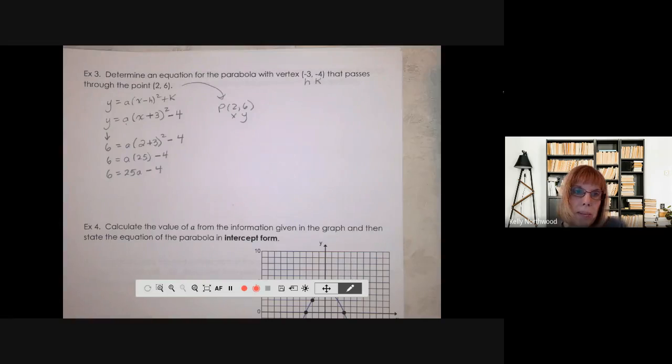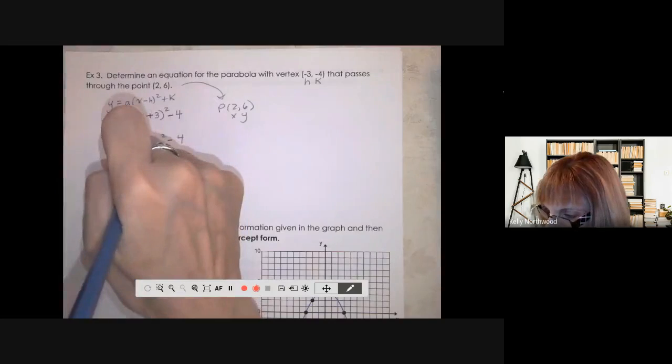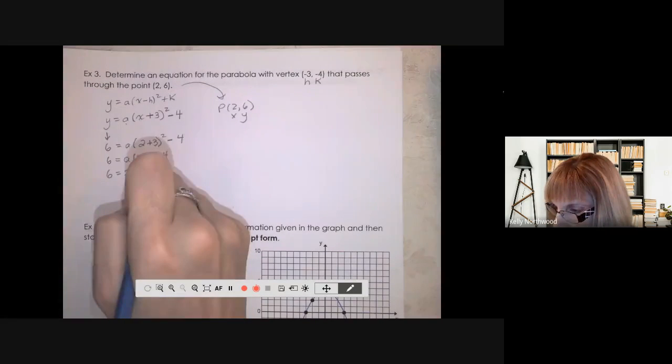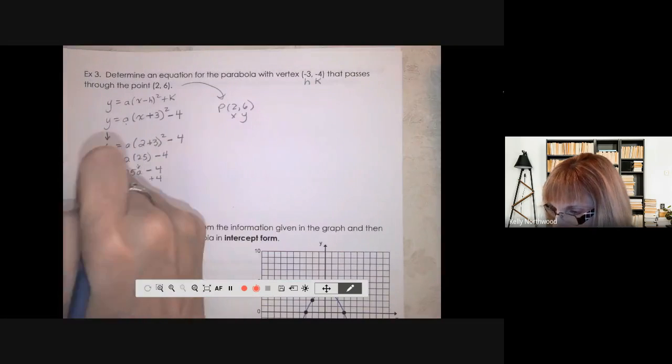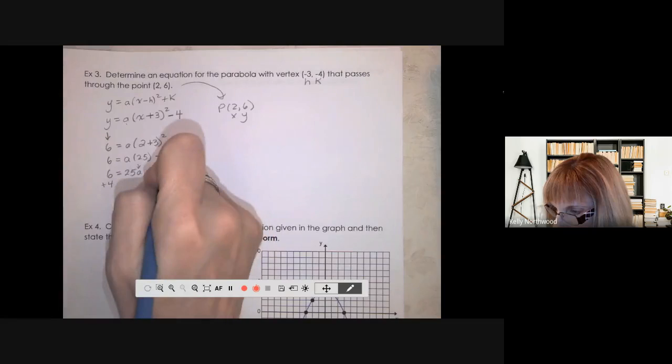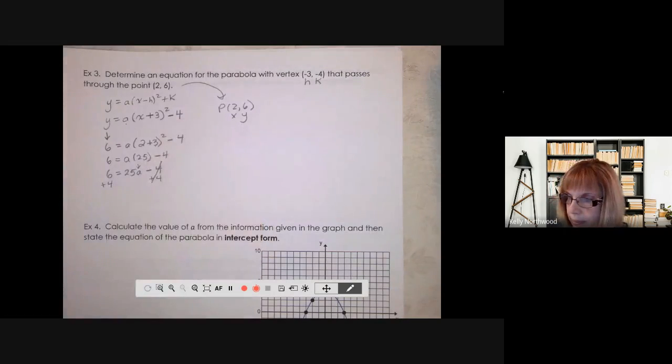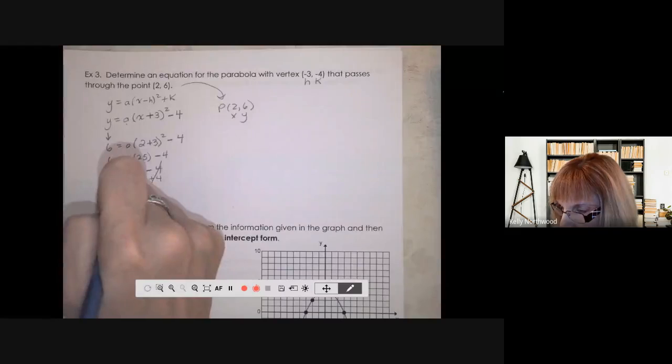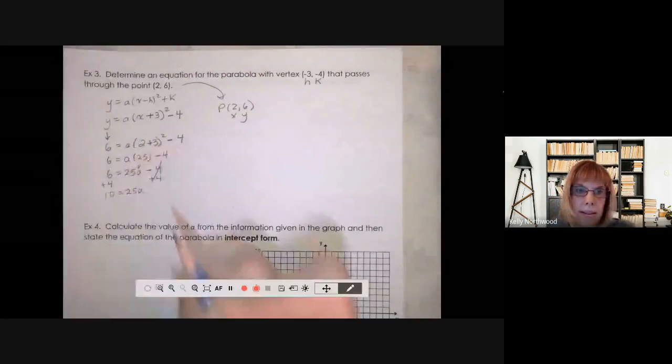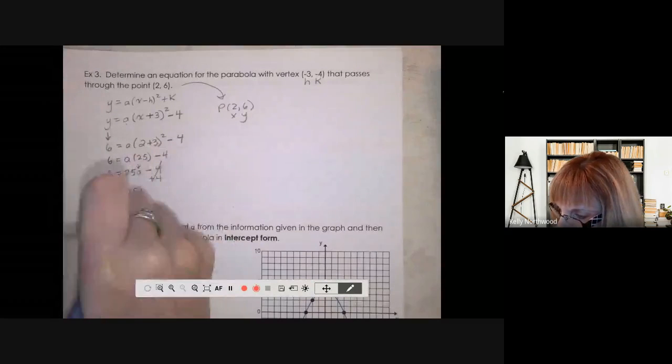So those are the steps you have to take to get it into like a two-step equation. A is what you're trying to find. So you're going to add 4 to both sides. Then on this side, we'll have 10. Divide both sides by 25.